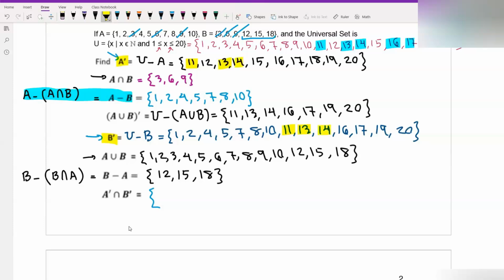We don't have 15 in common, but we have 16, 17. We don't have 18 in common, 19, 20. These are the numbers that we have here. So these were members or elements that were in common between these two sets.